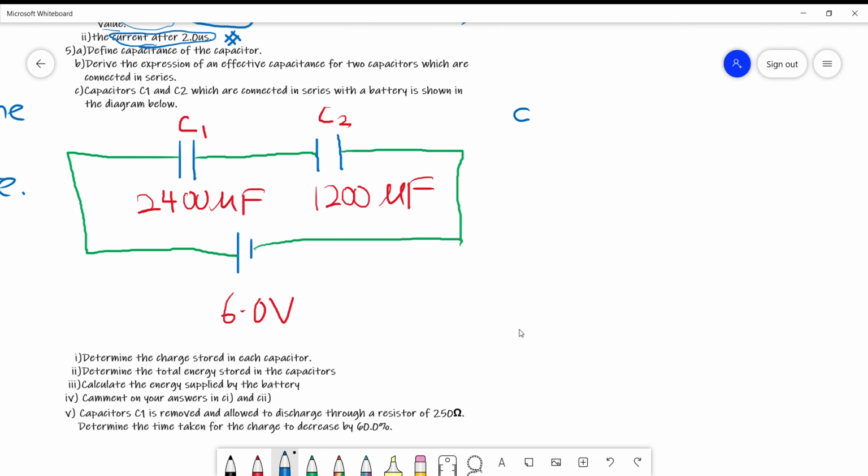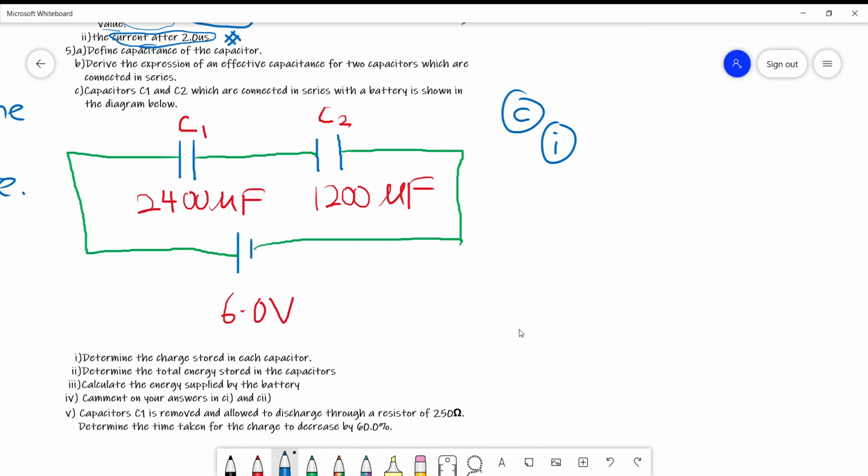Question C. Capacitances C1 and C2 are connected in series with a battery as shown in the diagram below. Determine the charge stored in each capacitor. The charge stored in the capacitor is Q is equal to CV. In this case, the electrical charge is the same for both C1 and C2 since both of them are arranged in series.